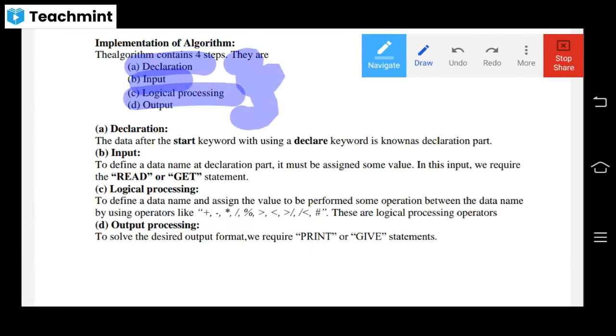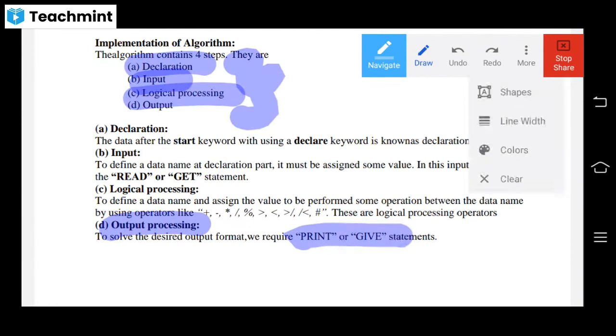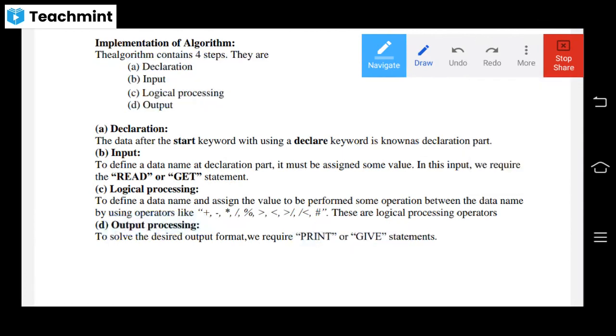In the input we have read and get statements. In the logical processing there exist arithmetic and logical operations. In the output processing, the statements used are print and give statements. These are the four steps related to the implementation of the algorithm.